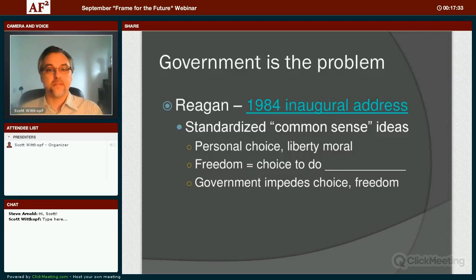Freedom is equivalent to the choice to do something. Very typically, that means some type of profit or financial gain, because that is how success is measured in the conservative frame, largely by financial gain. And this idea that government impedes choice and freedom.